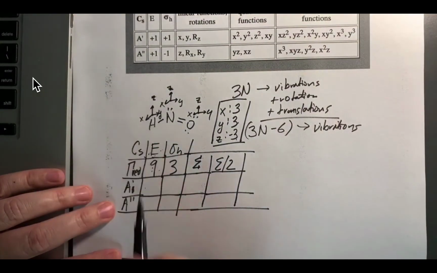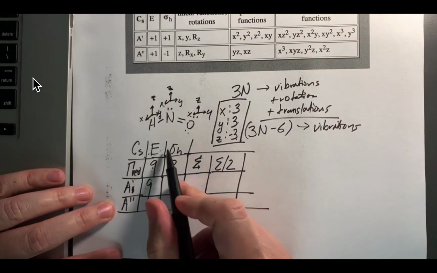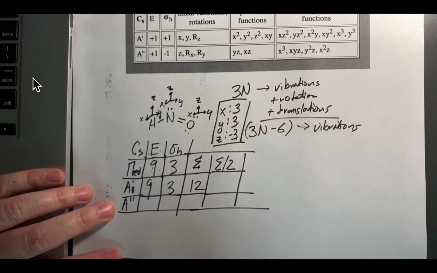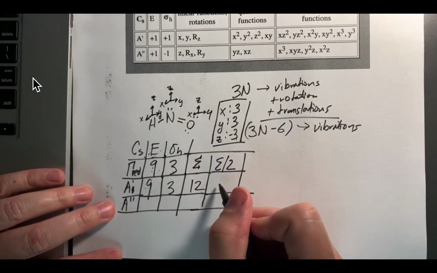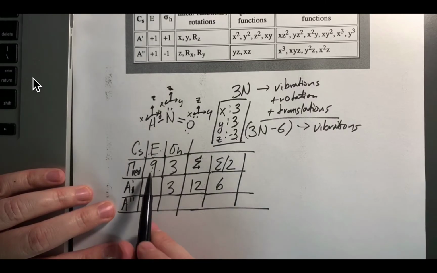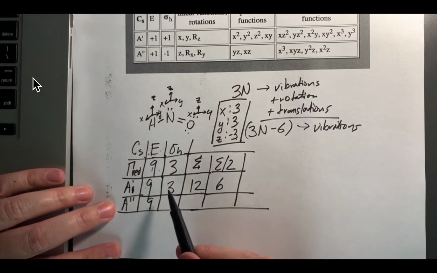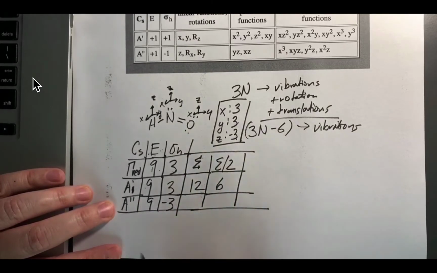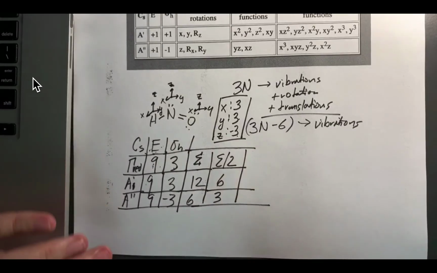So 9 times 1 times 1 gives me 9. 3 times 1 times 1 gives me 3. So that gives me a total of 12. 12 divided by 2 gives me 6. This next one now, 9 times 1 times 1, so this one's still 9. 3 times 1 times -1, so this gives me a -3. 9 minus 3 is 6. 6 divided by 2 gives me 3.